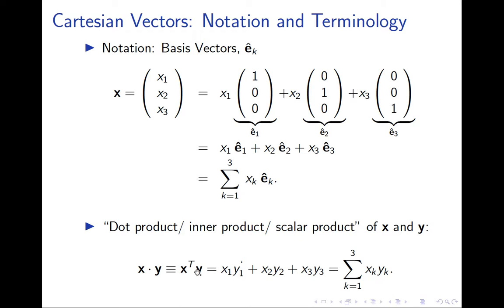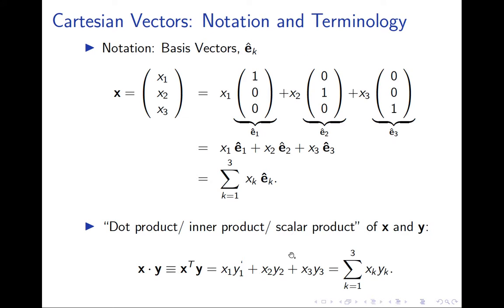Most of you know how to multiply matrices, so you can perform this multiplication, row vector times column vector, and you'll get this answer: x1 y1 plus x2 y2 plus x3 y3. Again, we can write this in a nice compact form using Latin indices: xk, and y must also have the same index, so yk, and then k goes over 1, 2, and 3. So this is the compact way of writing it.